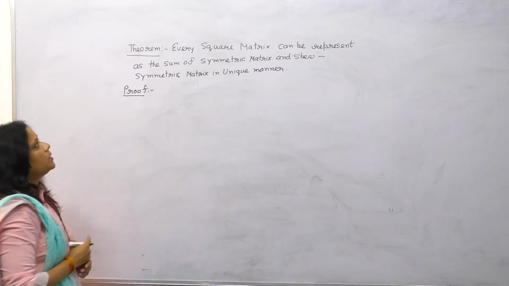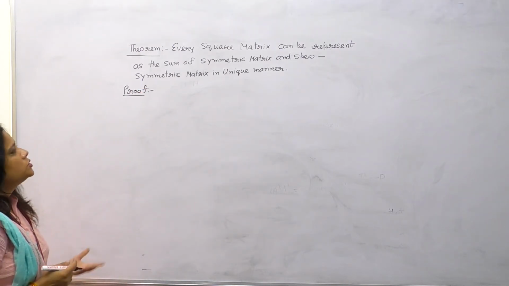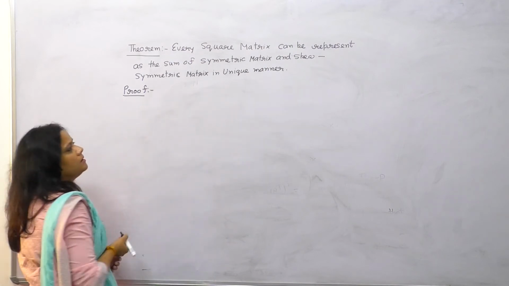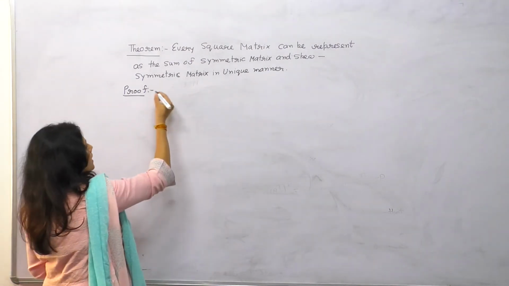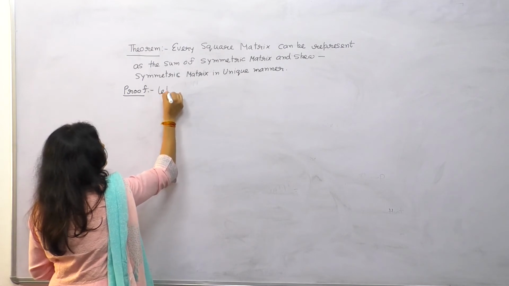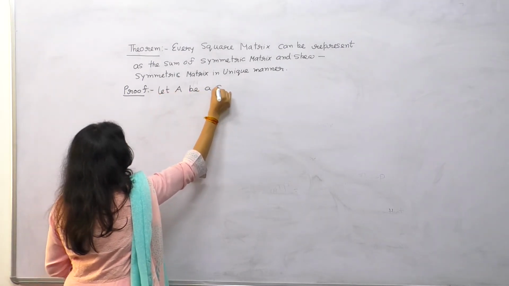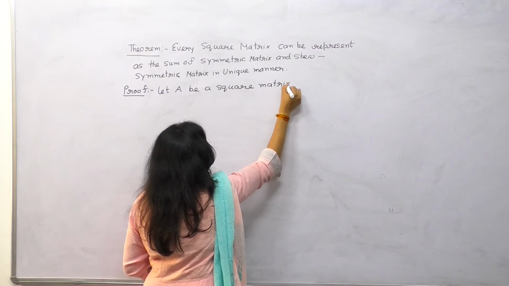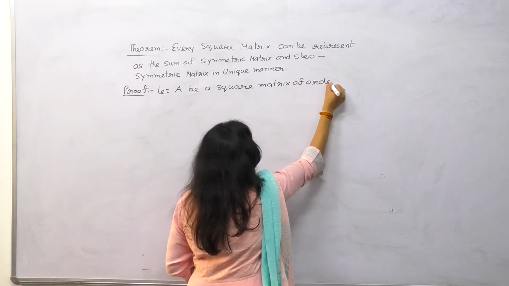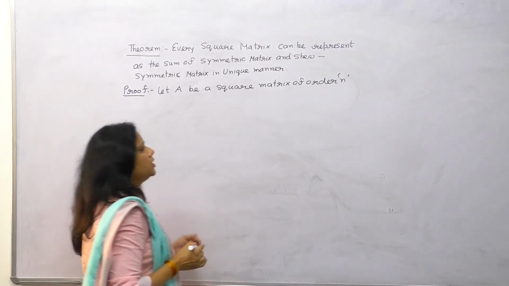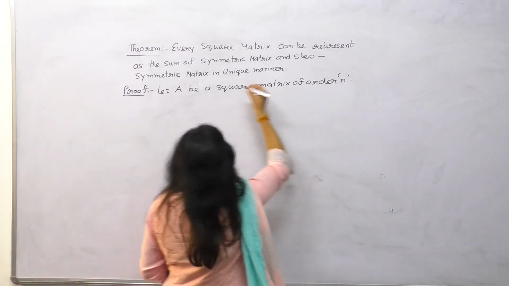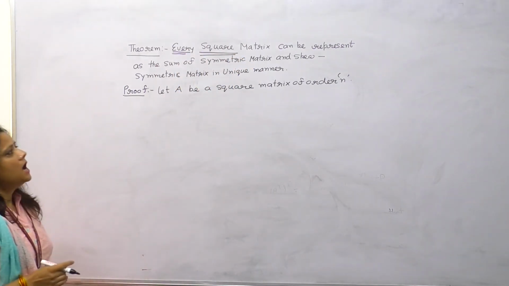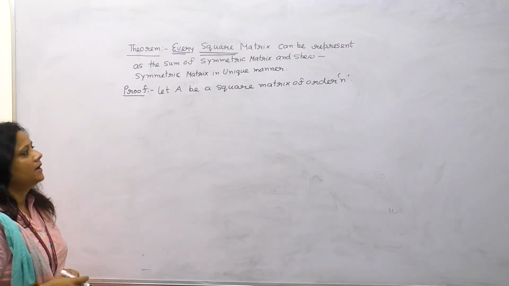So here we are talking about the theorem. Every square matrix, so we generalize the theorem. Let A be a square matrix of order n, because here we are talking about the generalized form, meaning every square matrix.